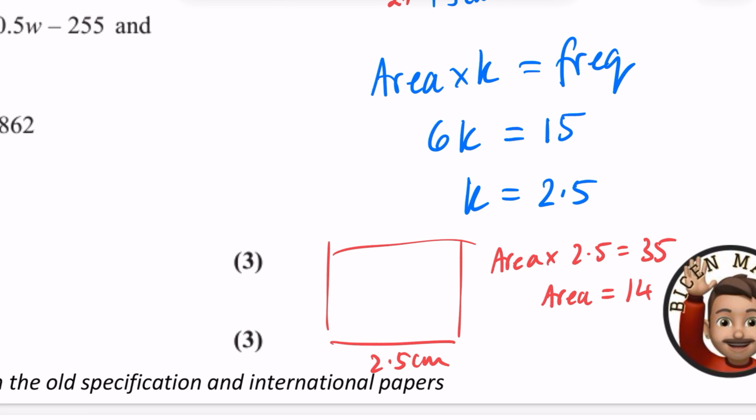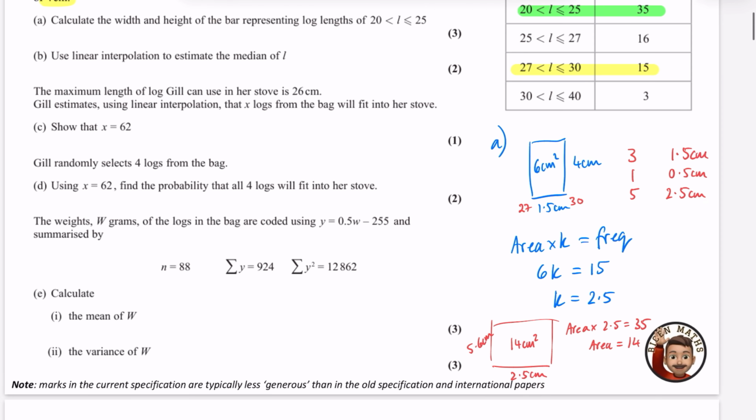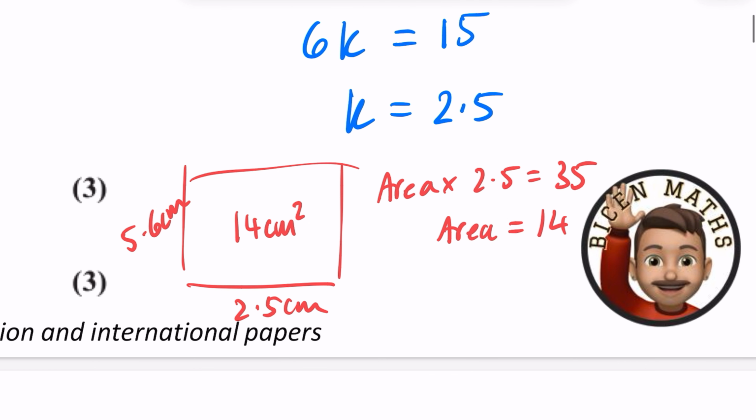Okay, so if the area has got to be 14 centimetres squared, I would do 14 divided by 2.5, and we get 5.6 centimetres for the height. I've squeezed this in a little too much here, but I can say that the width is 2.5 centimetres, and the height is 5.6 centimetres.